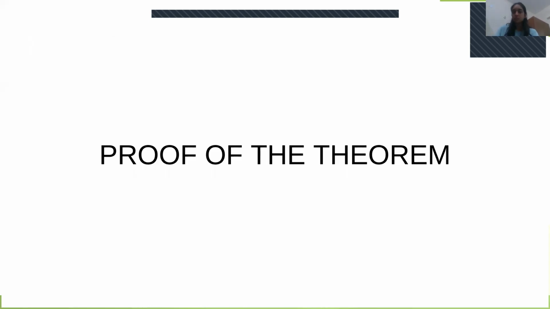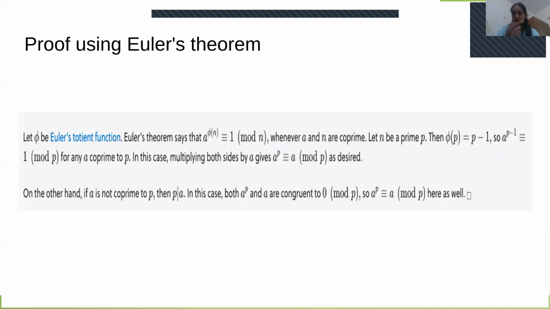Proof of the theorem. In the following slides, we'll see three to four different ways of how we can prove this theorem. First, using Euler's theorem, let phi be Euler's totient function. Euler's theorem says that A to the power phi(n) is congruent to 1 mod n, where A and n are co-prime.